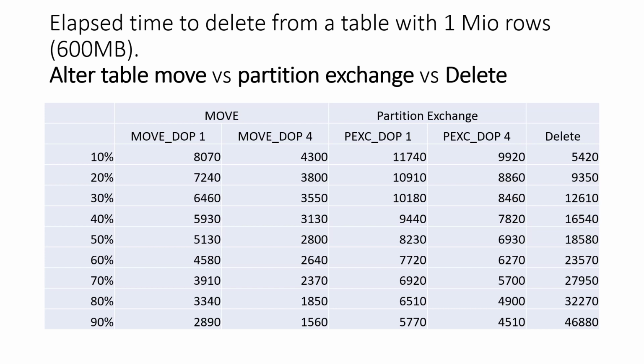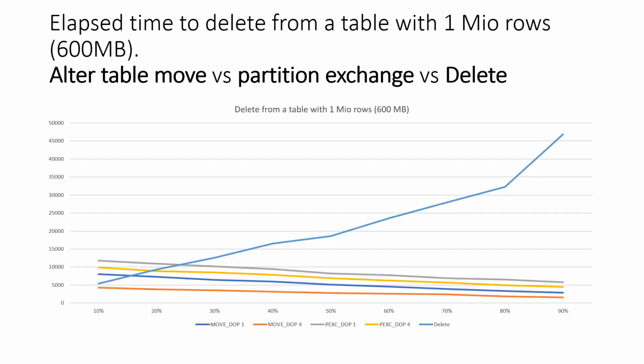So in the diagram we can see clearly that the DML method is not suitable to delete a huge amount of data, maybe deleting up to 10%. We could, but we will also later see that this method generates a lot of redo and undo.